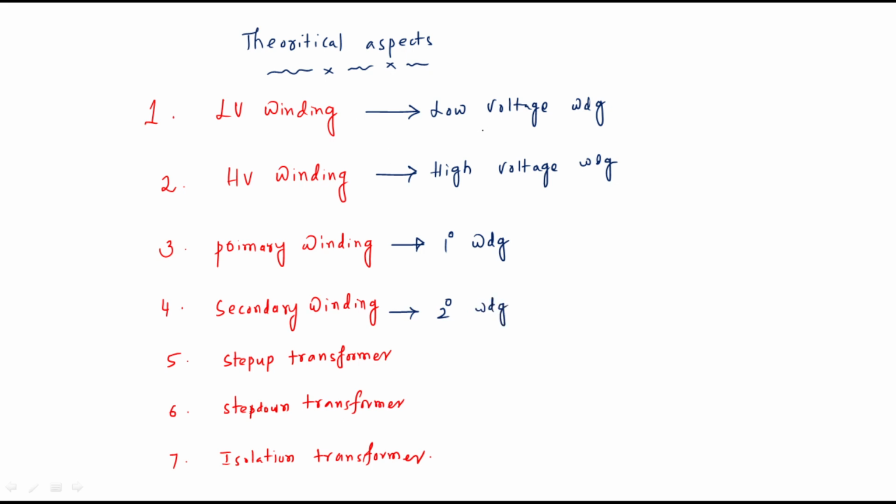So LV means what? Low voltage winding. HV means high voltage winding. Primary 1 power 0, secondary 2 power 0, like that we have to represent. So first we would like to discuss what is LV and HV windings.